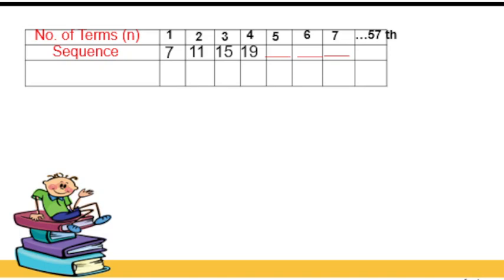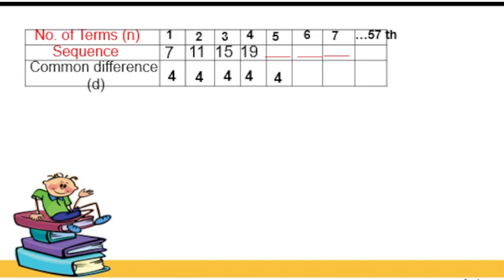Okay, so let's get the common difference. The difference of 11 and 7 is 4. 15 and 11 is 4. 15 and 19 is 4. And the next number would be 4.